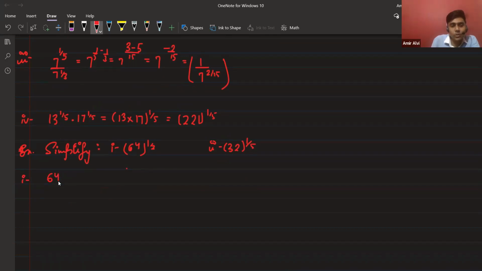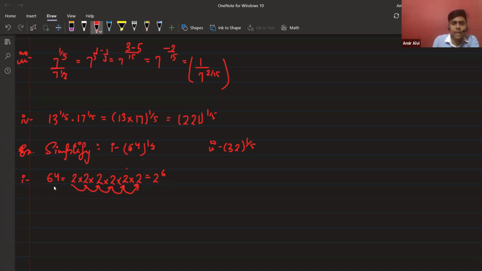So Simrat, can you write 64 as 2 into 2 into 2 into 2 into 2 into 2? 2 times 2 is 4, 4 times 2 is 8, 8 times 2 is 16, 16 times 2 is 32, 32 times 2 is 64, which can be written as 2 to the power 6.